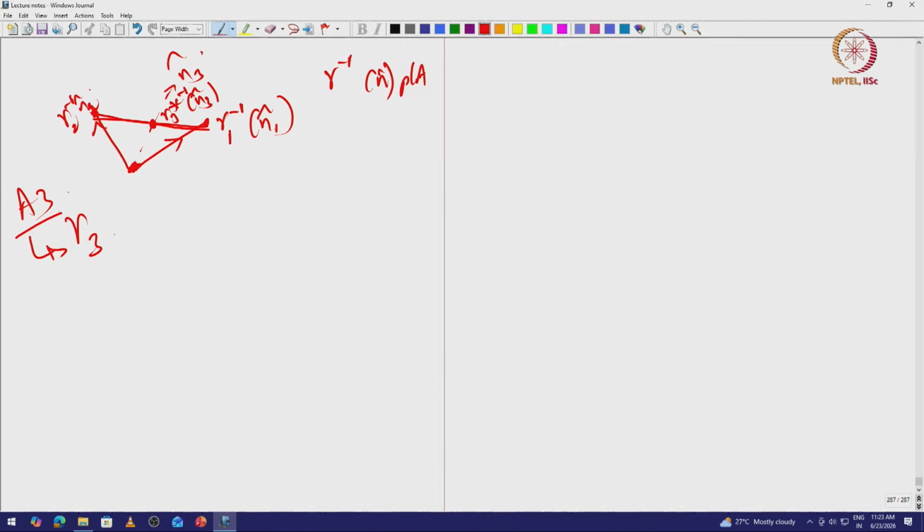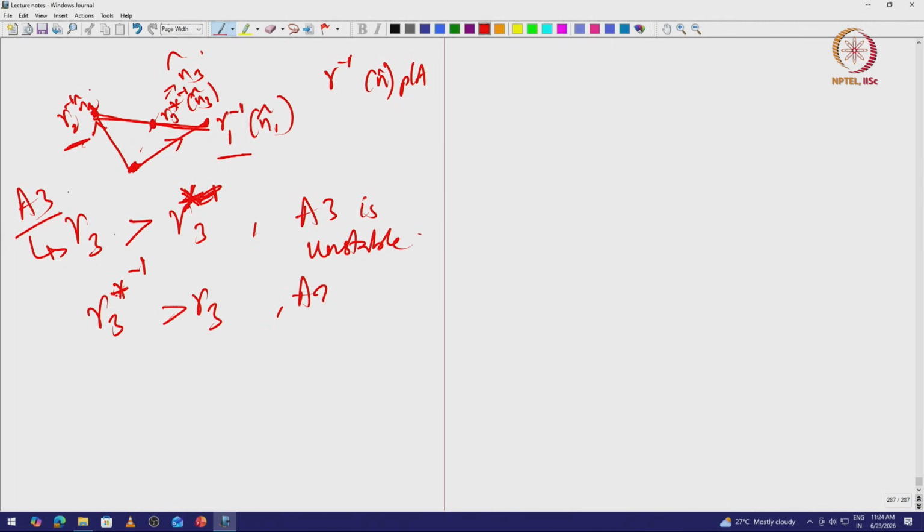Now, when gamma 3 is greater than gamma 3 star, then A3 is unstable. Right. So, gamma 3 star is arising as some kind of a mean between gamma 2 and gamma 1, right. So, the condition is when gamma 3 is greater than gamma 3 star, A3 is unstable, or in other words, when gamma 3 star inverse is greater than gamma 3 inverse, then A3 is unstable.